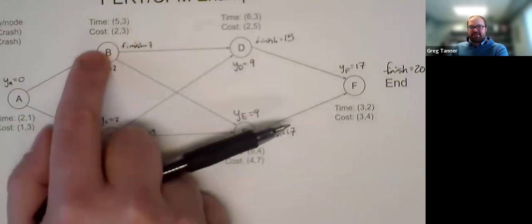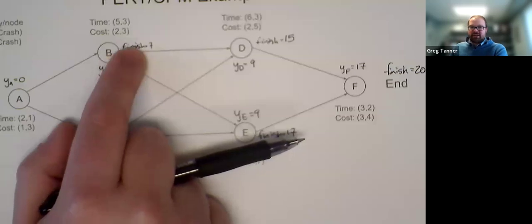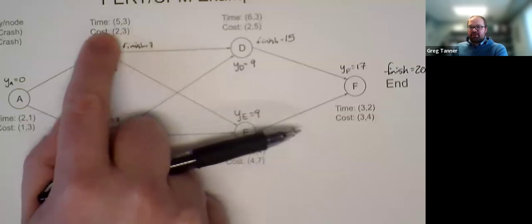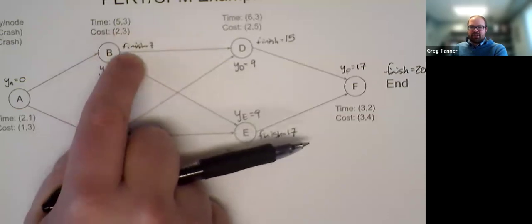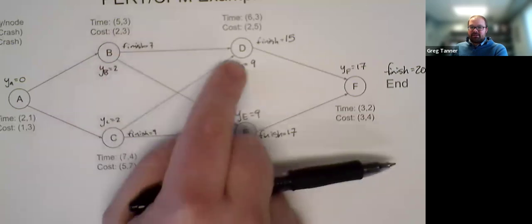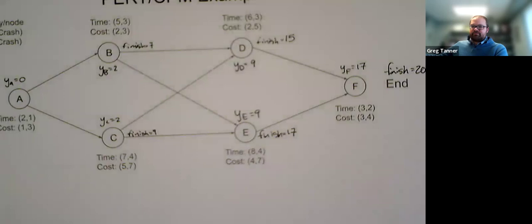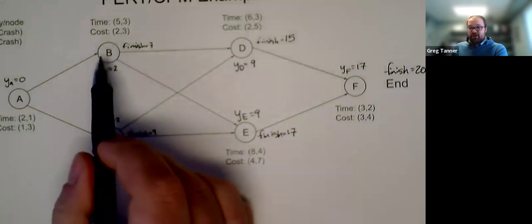And so activity B finishes up before we really need it to. It's got what we maybe call slack in when it can be done. It can be done as soon as 7, but it doesn't need to be done until its descendant activities, or the activities that come after it, start at 9. And so we'd say B is not on the critical path.